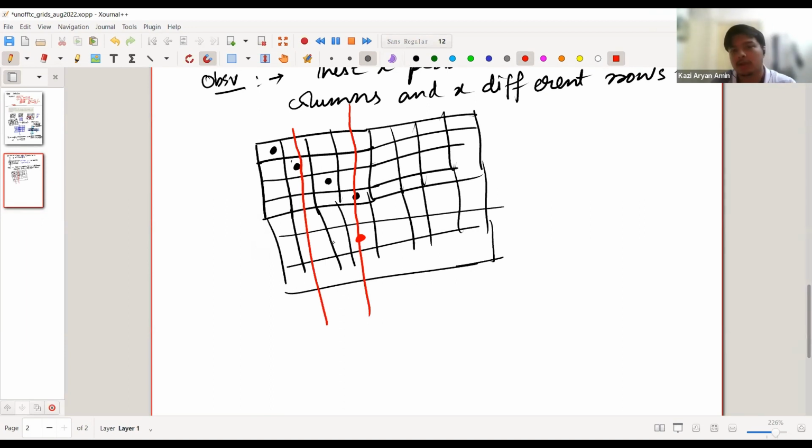Look at the columns. Is it possible for these columns to also be good in a way? How many of these columns that go through the x different good rows have just one pebble on them? At most one column can be good. And why is that? That is a true observation.